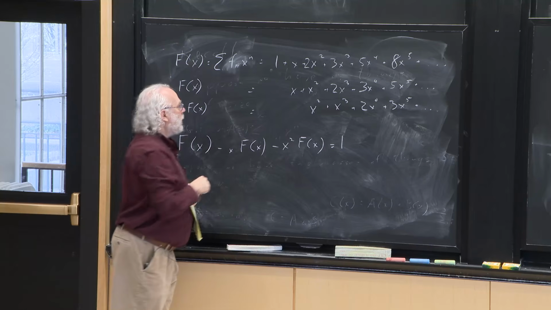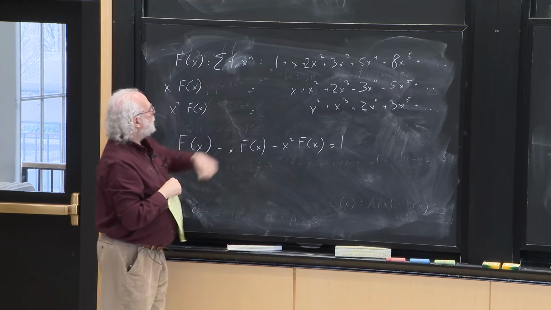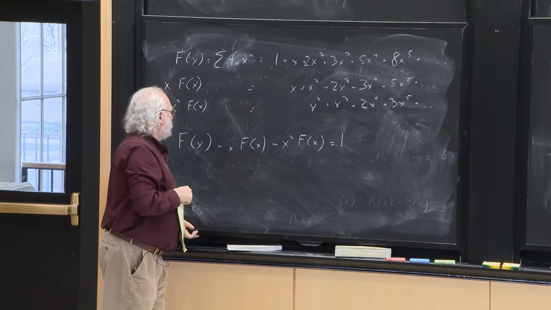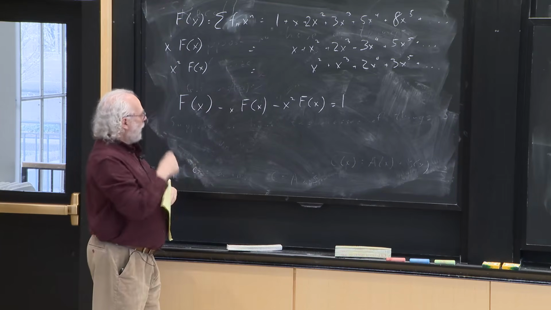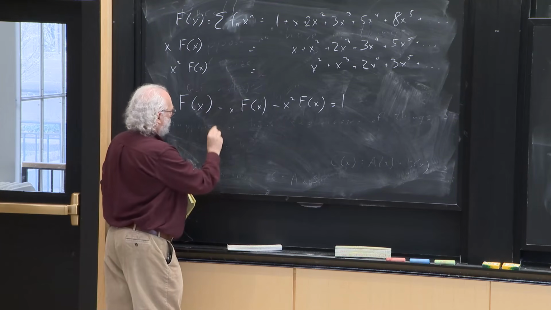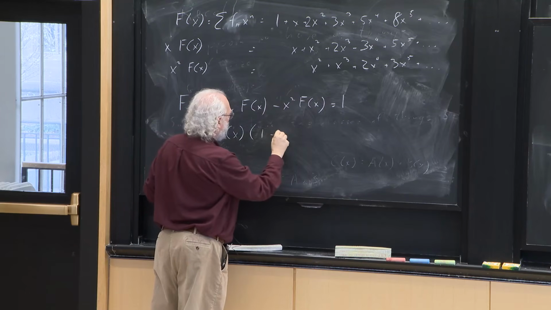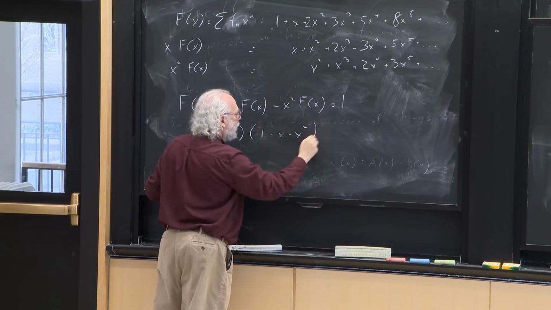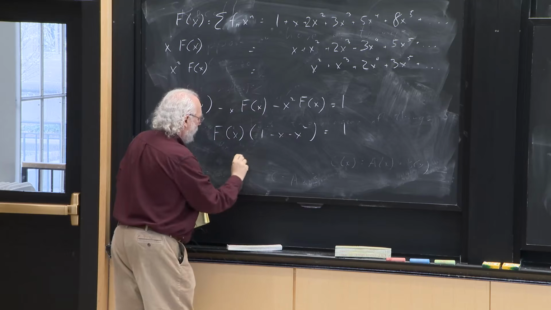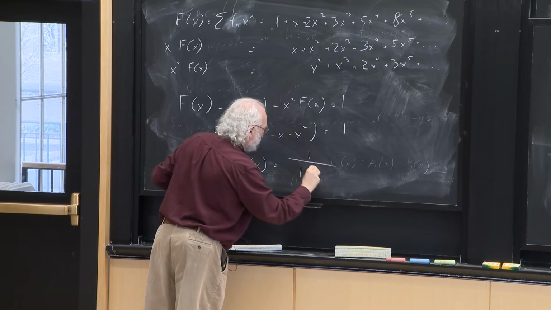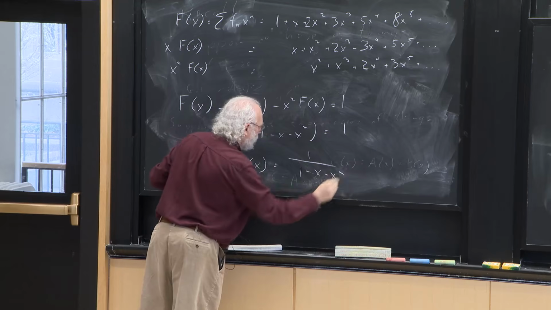The first term doesn't quite work like that. We take 1 minus 0, and we get 1. And of course, this gives you the equation F of x times (1 minus x minus x squared) equals 1, or F of x equals 1 over (1 minus x minus x squared).